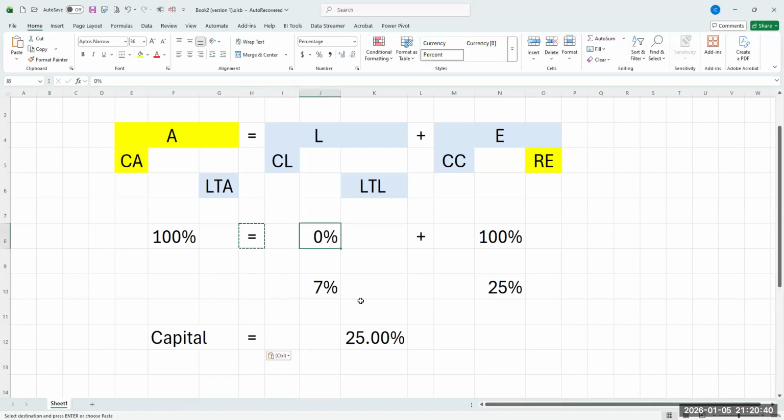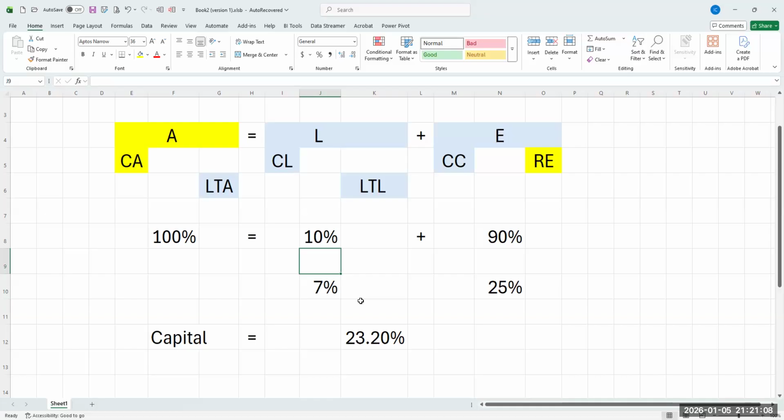If I lever and introduce some debt, because debt is definitely cheaper, we can clearly see that if I borrow money, I have to pay only 7%. So if I put in only 10% debt, my cost of capital goes down.